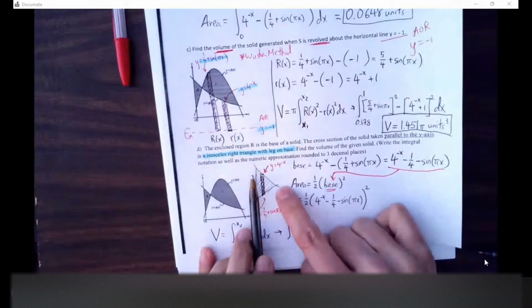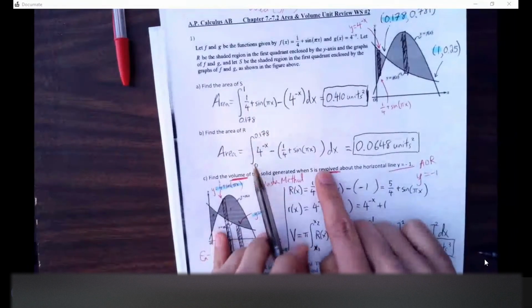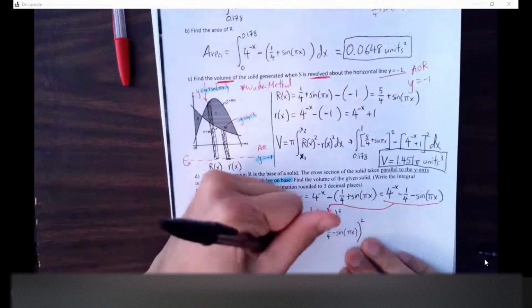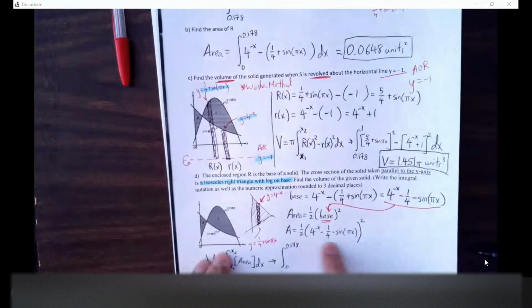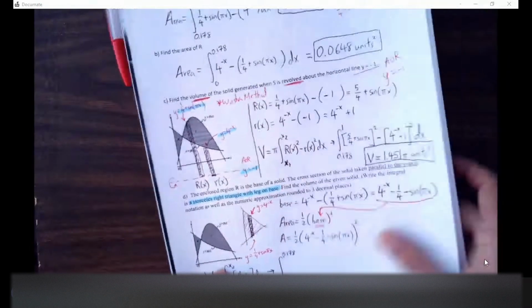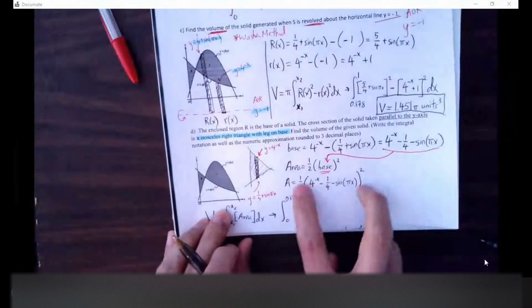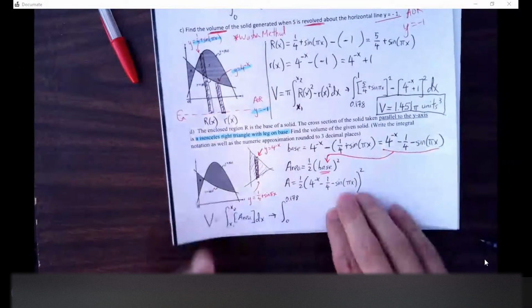All right, our region, we've already found the bounds from part B, so from 0 to 0.178. And then we built our area expression, so that can now be inserted here.